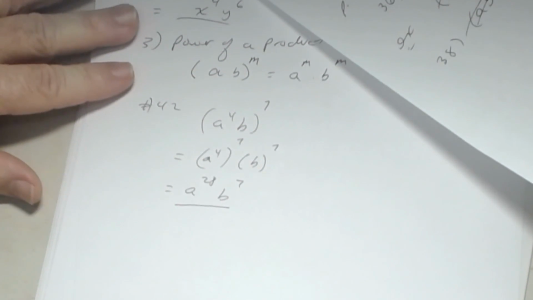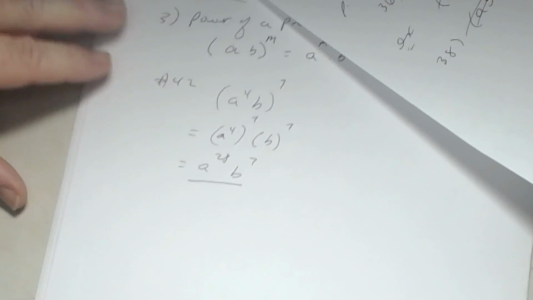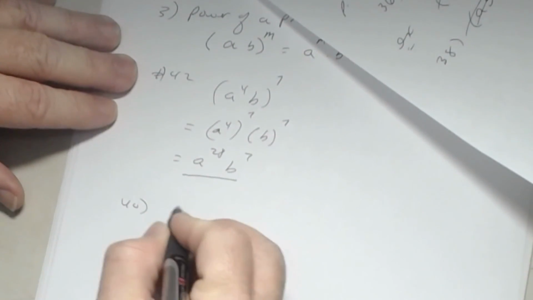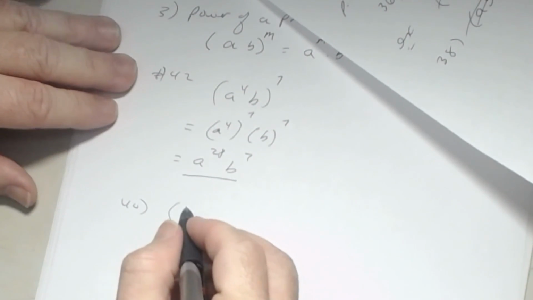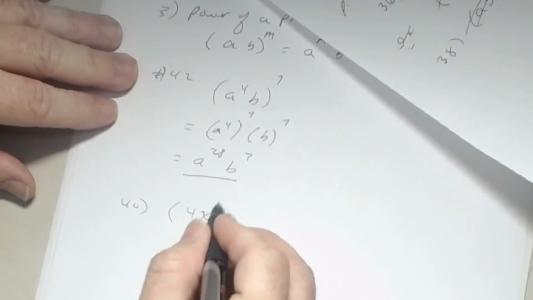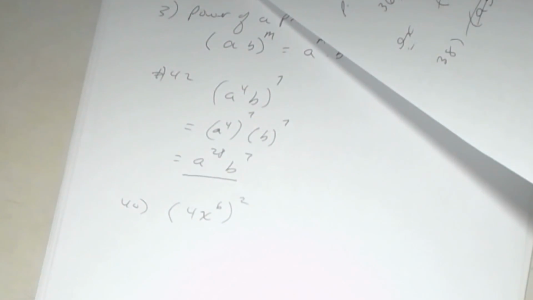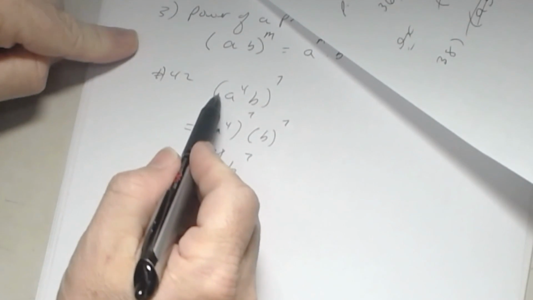All right. Now let's look at number 40. In 40, you have 4 x to the 6 squared. Now, you see you have a coefficient other than 1. The coefficient here was 1 right here.